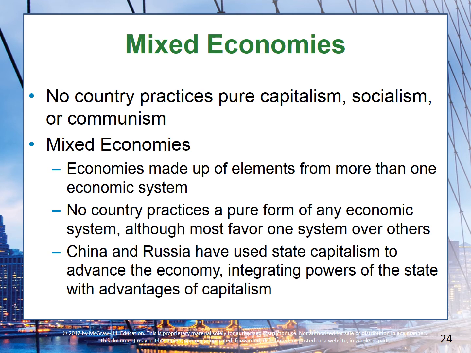Most businesses are owned and operated by private individuals. In capitalist United States, an independent federal agency operates the U.S. Post Office. So in Sweden, the government operates the post office as a private industry, but in the United States, it is independent, even though it is under the umbrella of the federal government.